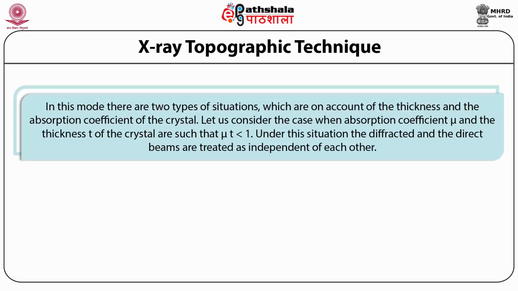Let us consider the case when absorption coefficient mu and the thickness t of the crystal are such that mu t is less than 1. Under this situation, the diffracted and the direct beams are treated as independent of each other.